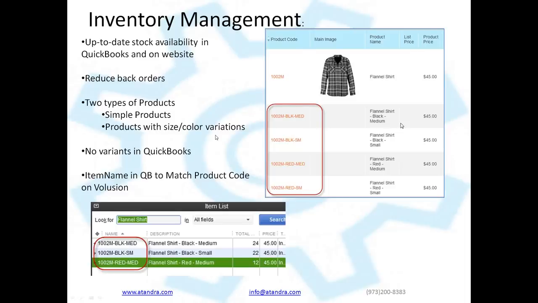It's just that in this case, for product with variants, each variant should have its own code. That way, T-Hub knows which particular style was sold for recording transaction, and also for updating inventory, you can have 10 of the black in stock and 0 of the red in stock. So to be able to update stock at that level, you need to have individual product options on Volusion and have the same code match up with your QuickBooks.